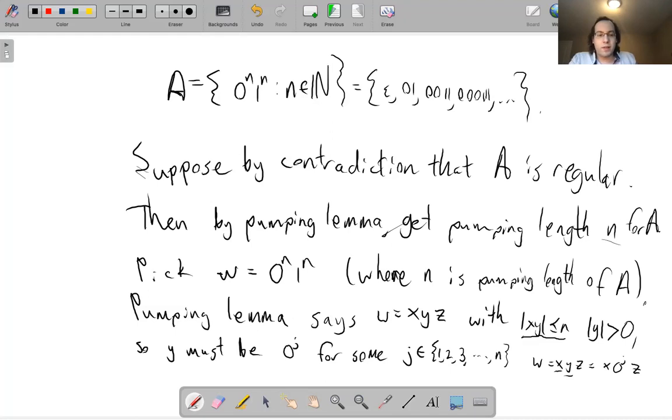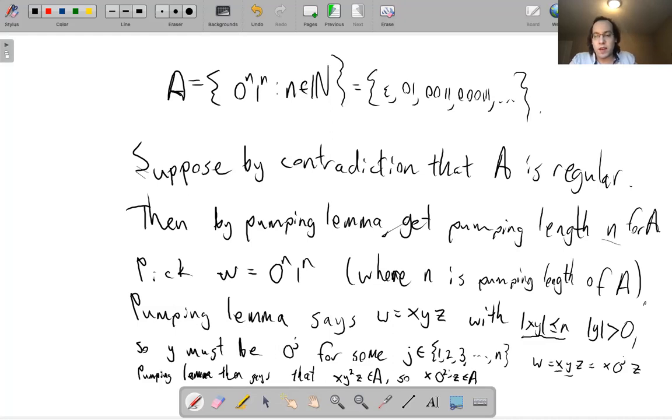Then the pumping lemma says that x y squared z is in A. So basically it's saying that x 0 to the 2j z is in A.